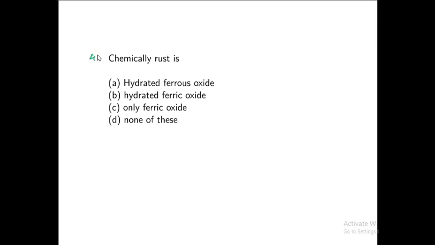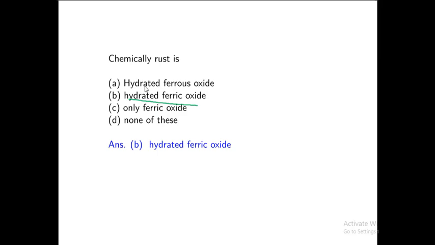Question number 4. Chemically, what is rust? You know that when iron is exposed to oxygen, air and moisture or a little water, it rusts. So chemically, what is rust? Chemically, rust is hydrated ferric oxide.